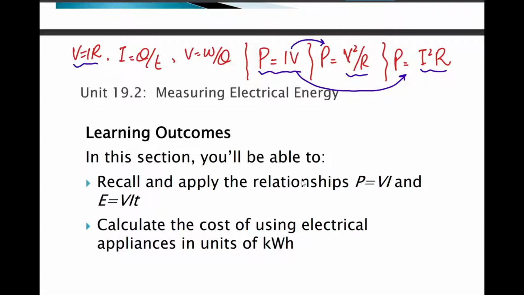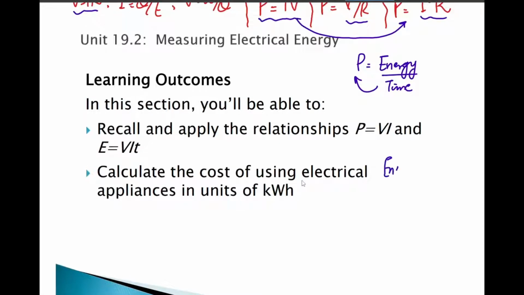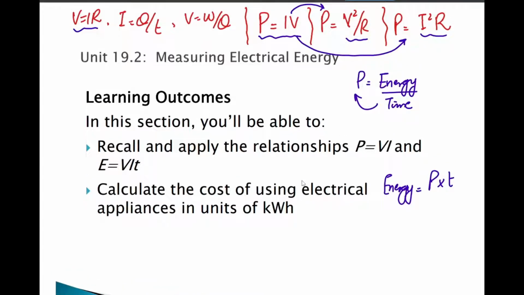All right, in the grade 9 chapter on work, power, energy, power is equal to energy divided by time. So if I take time over there, energy or work done is equal to power multiplied by time. So I have these three formulas for electrical power.